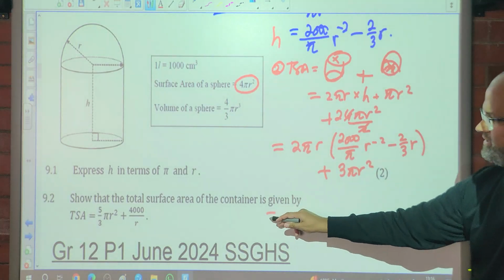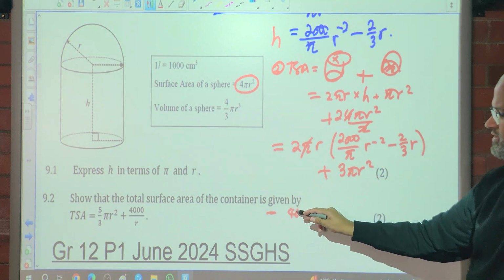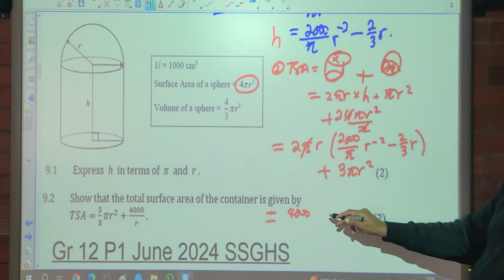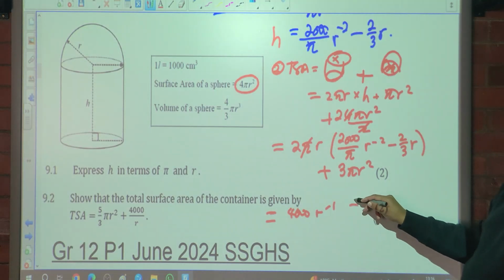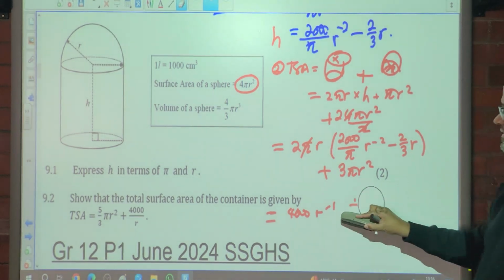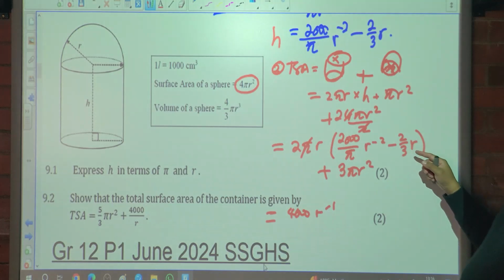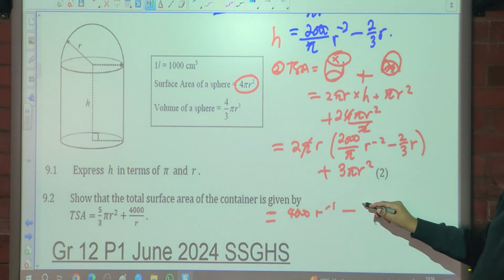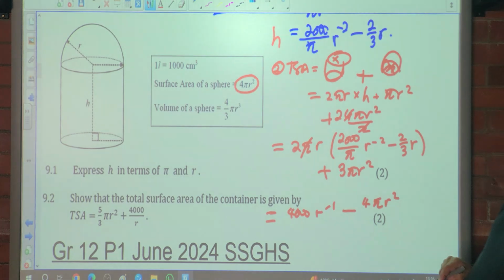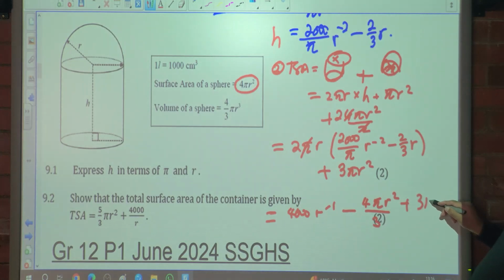Get rid of this bracket here, so that would cancel, leaving me with 4000 r to the minus 1, plus, now you multiply that out, 2 pi r times negative 2 over 3 r, which gives you negative 4 pi r squared over 3, plus 3 pi r squared.